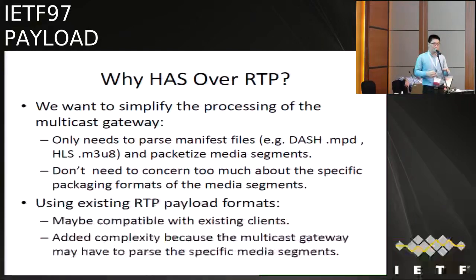It only parses those manifest files, takes out the media segments, and cuts and fits those media segments into RTP packets. That's very simple processing: just retrieve, cut and forward. We want it to be that simple.